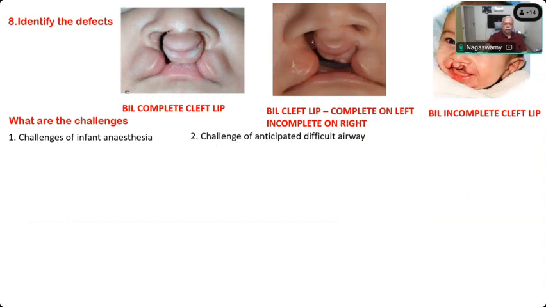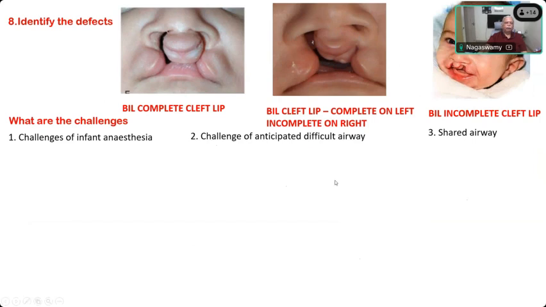And challenges of anticipated difficult airway. Sometimes it may be quite difficult to visualize the larynx. That is the second challenge. Anything else? Shared airway is a third challenge.